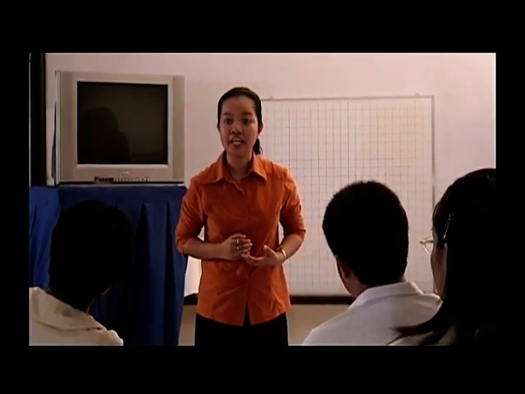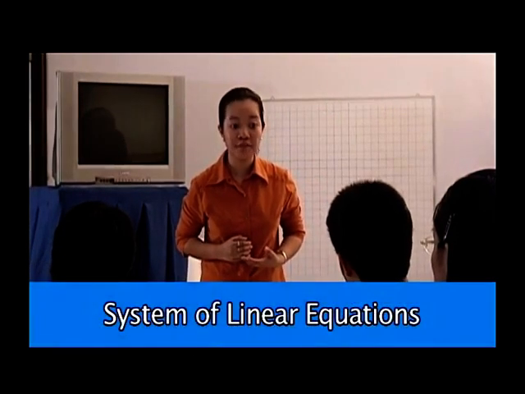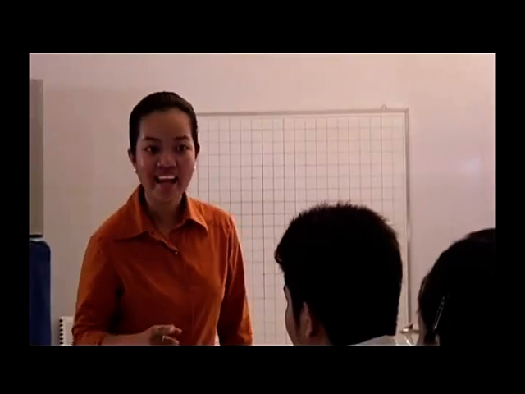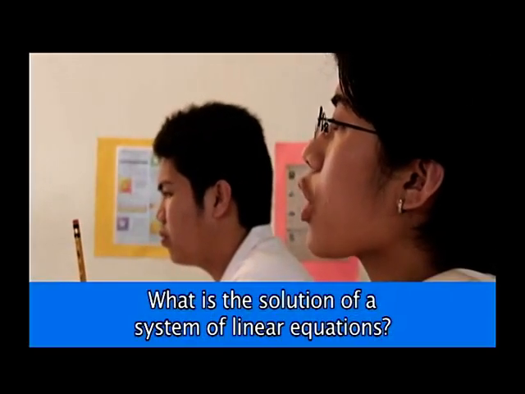Now class, when we consider 2 or more linear equations together, we have what we call a system of linear equations. So those graphs you've just shown us are graphs of systems of linear equations? That's right! But ma'am, what is the solution of a system of linear equations? Let's find out, shall we?